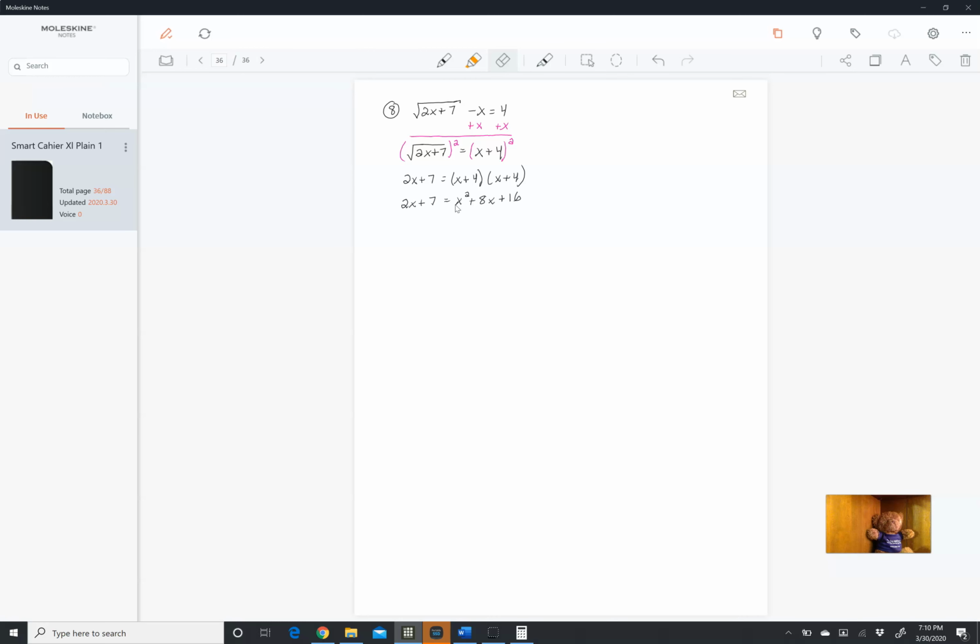So the fact that it's quadratic means we have to set it equal to 0. Again, this isn't harder. It's just more work. It's just more steps. That's it. So now we're going to subtract 2x from both sides and subtract 7 from both sides. This is to set it equal to 0.